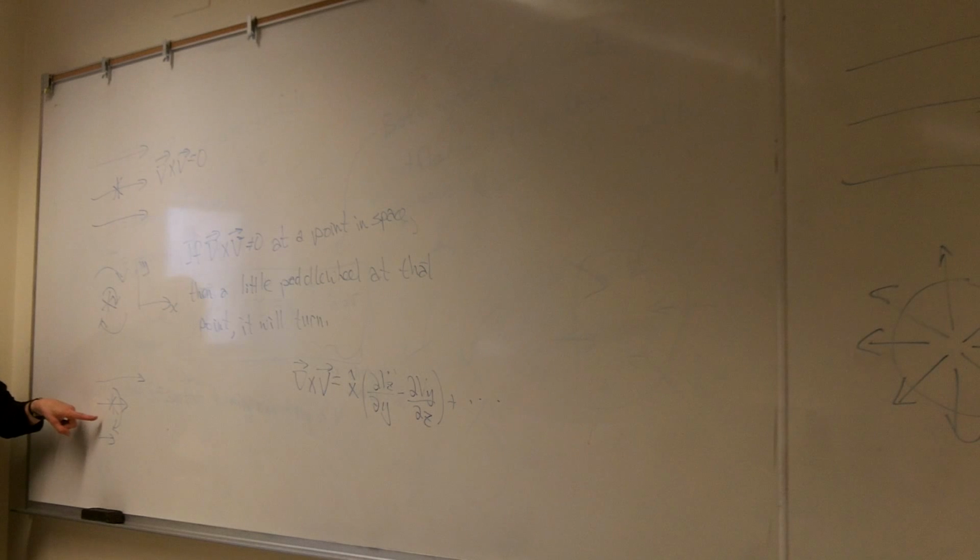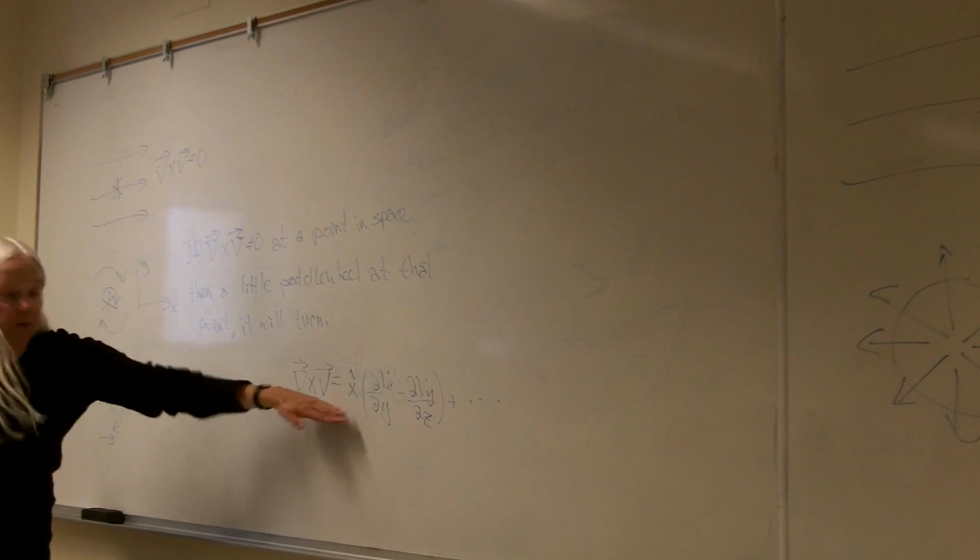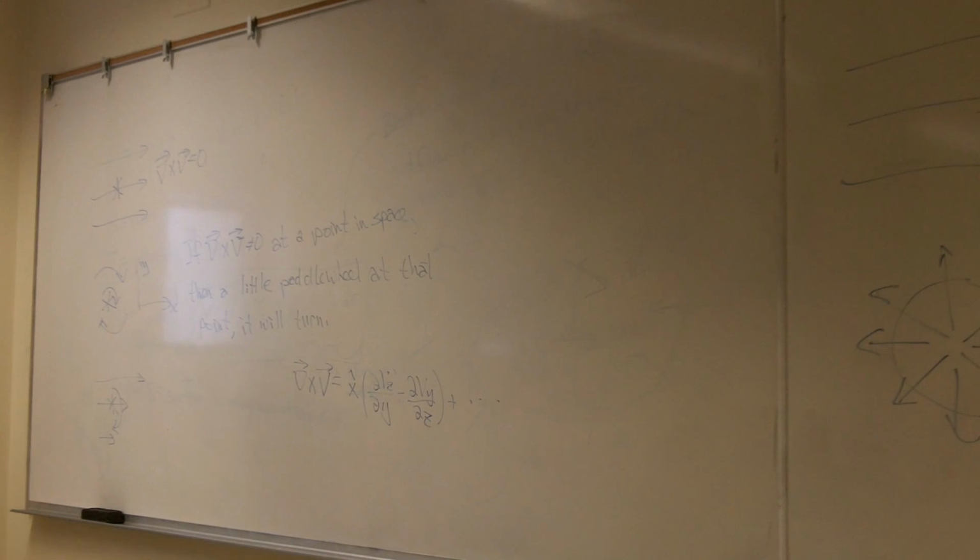And you can see in this case also that the x component of the velocity, which is the entire velocity in this case, is all in the x direction, but clearly the magnitude of v sub x depends on y, and it's bigger up here than it is down here. So again, you can see from this expression for the curl that it's going to give you a non-zero result. The name curl is well chosen.